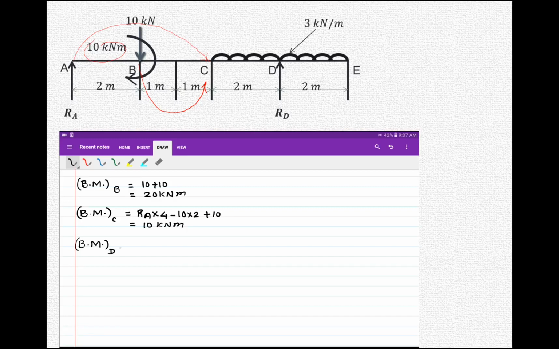Then bending moment at point D, again Ra will produce clockwise moment, so Ra into the perpendicular distance from A to D is 6, minus 10 into 4 because 10 will produce anti-clockwise moment, plus 10 kilonewton meter already clockwise moment is present at B, and the moment of UDL, that is 3 into 2 into 1.